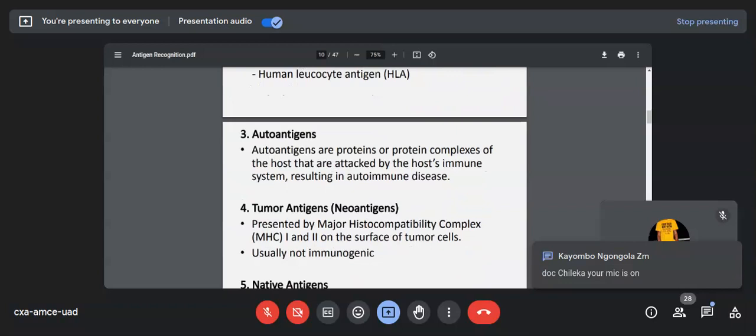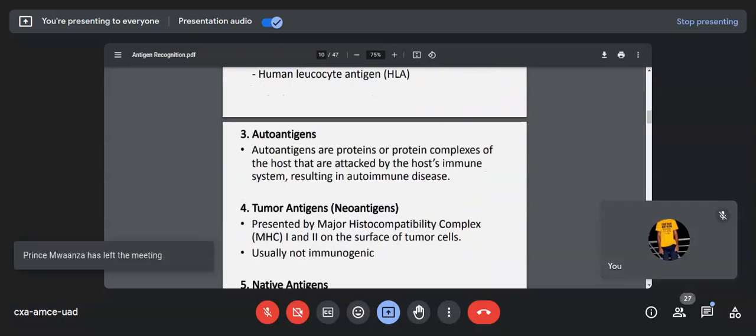Those immunity cells which are fighting normal body cells will be regarded as autoantigens, because their main function was to fight microbes. When they start fighting the normal body cells, we would call them autoantigens.